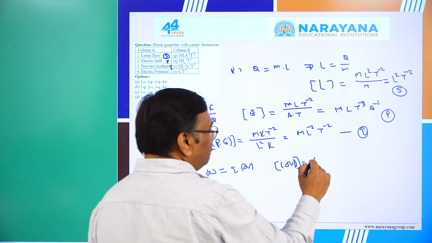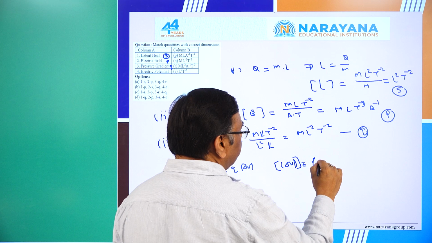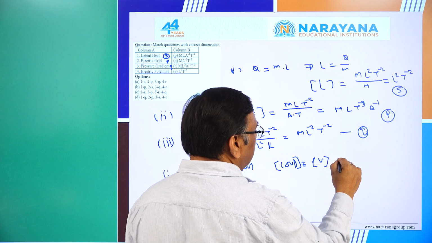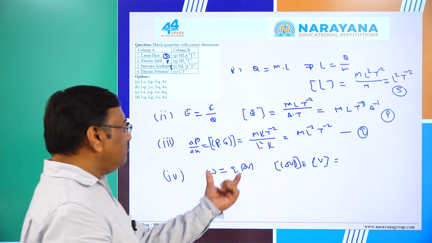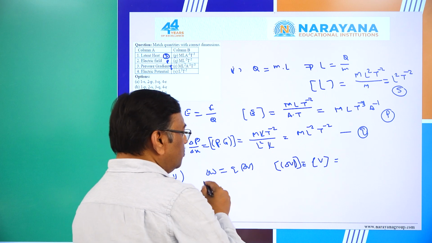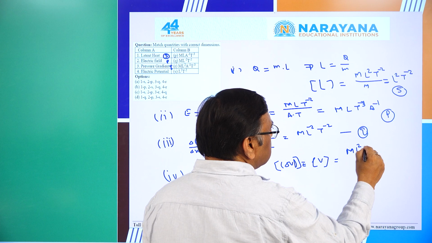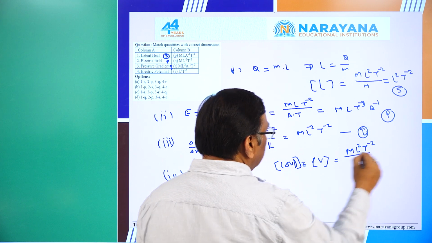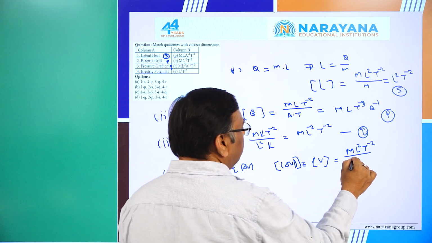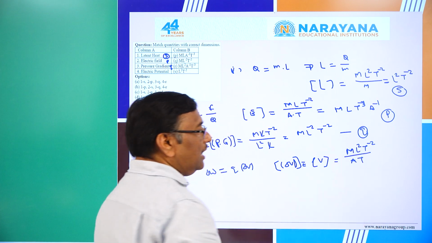So I can write the dimensional formula for V is going to be delta W upon Q. Delta W, already we said, is energy, it is M L square T minus 2, divided by Q. Already we have written Q is equal to A into T.